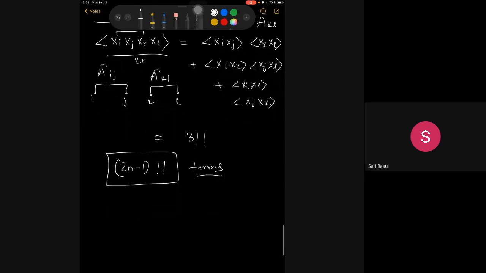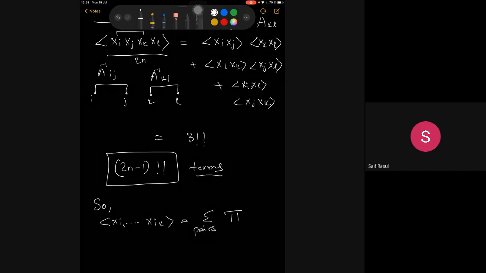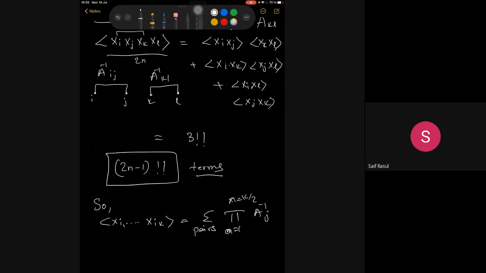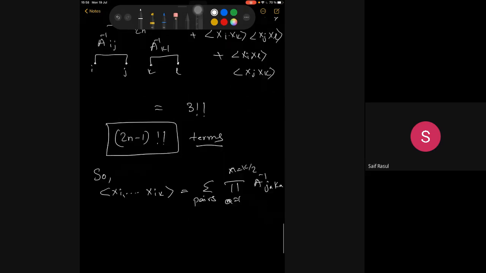So Wick's theorem says it's basically a sum over 2n minus 1 double factorial terms.